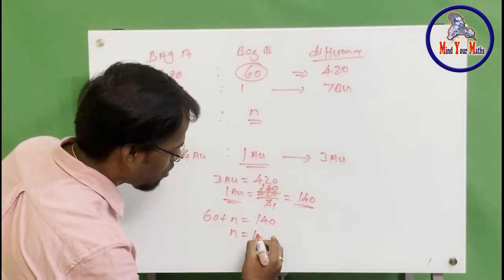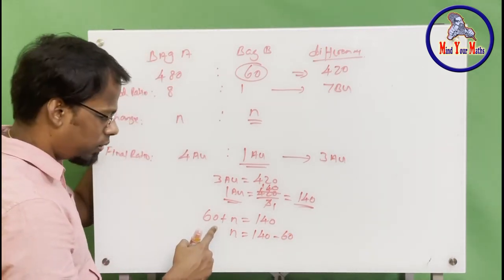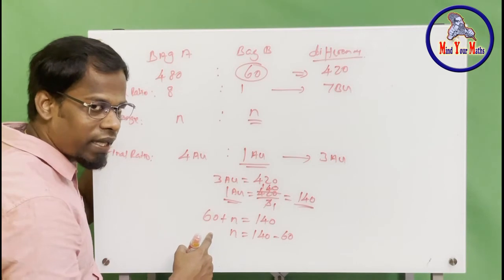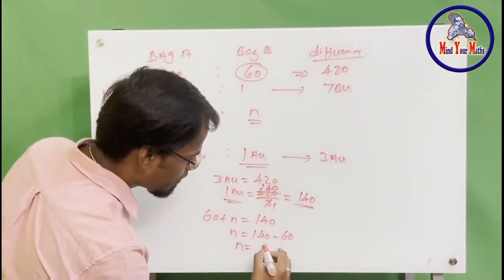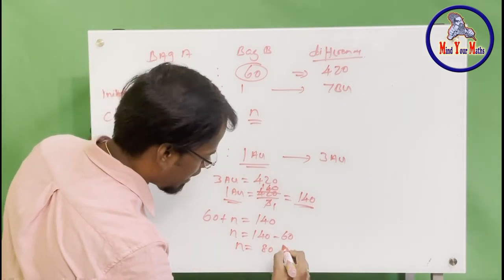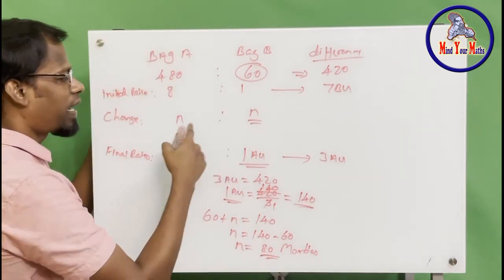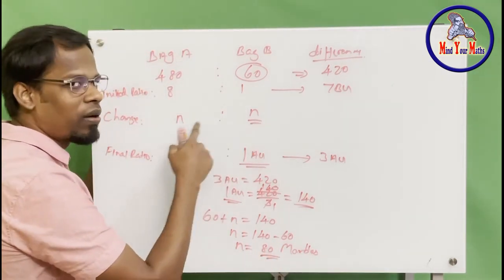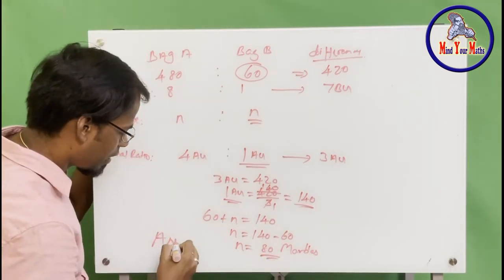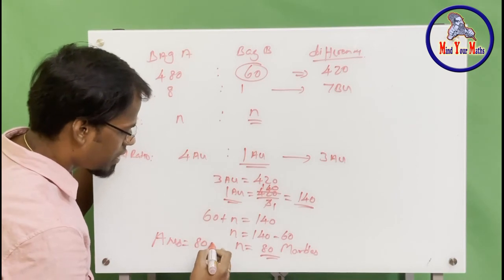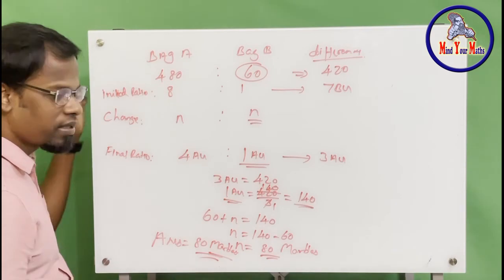N equals 140 minus 60. So n equals 80. Very good. So in each bag, n number of marbles were added, and n equals 80. That is the answer. The answer is 80 marbles.